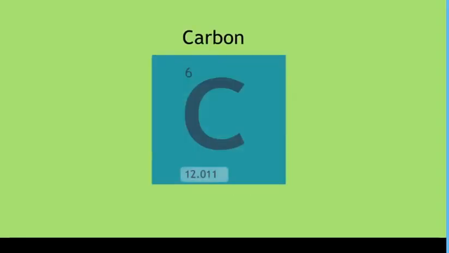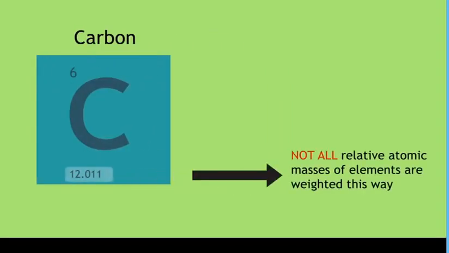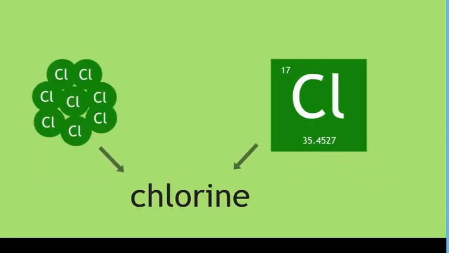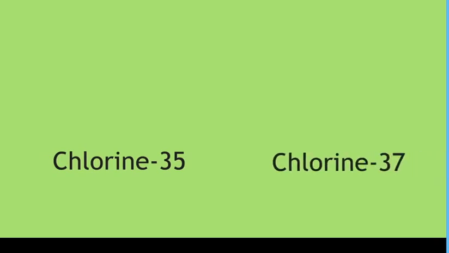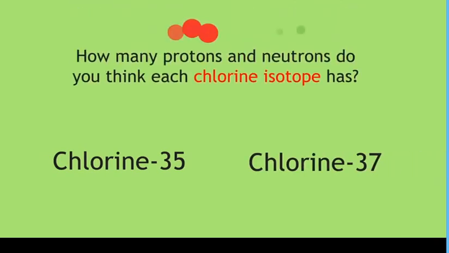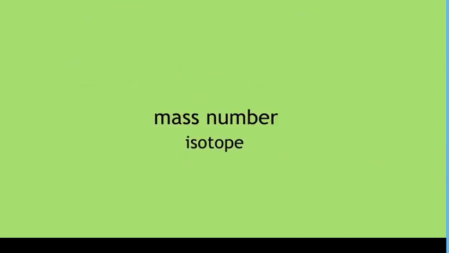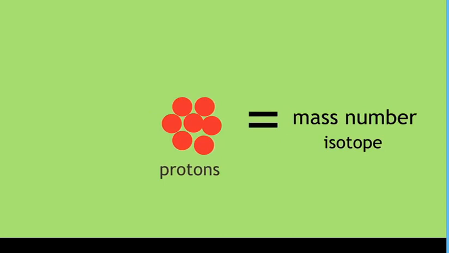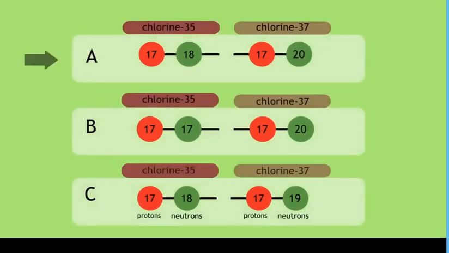However, not all relative atomic masses of elements are weighted in this way. Chlorine, for instance, exists as two isotopes, chlorine-35 and chlorine-37. How many protons and neutrons do you think each chlorine isotope has? Remember, the mass number for an isotope is equal to the number of protons it has plus the number of neutrons. Pause and select from one of the following options.